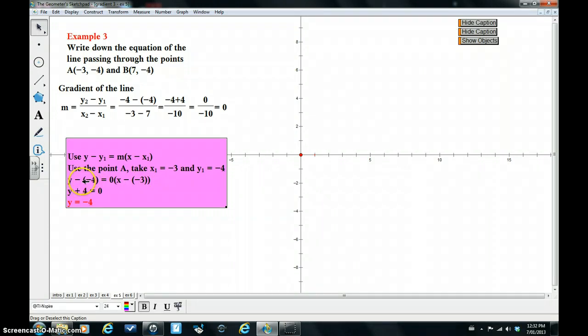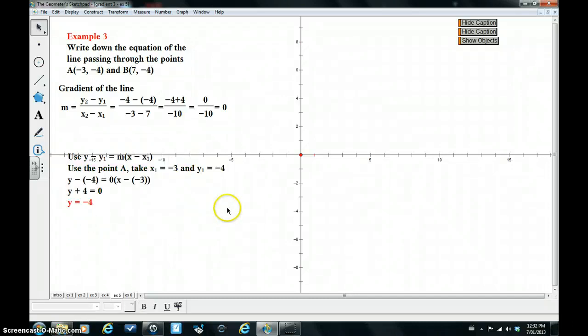So we end up with y minus minus, plus 4 equals 0, and we can subtract 4 from both sides, so y is -4.